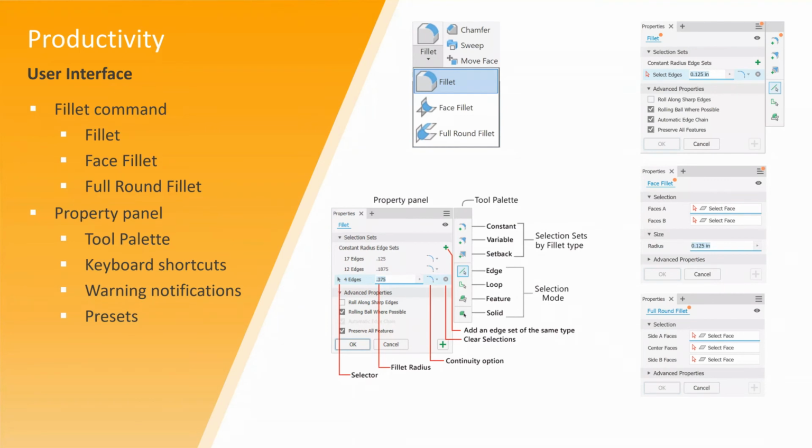The fillet command itself has been split into 3 options. So we did have those little buttons on the left of the original dialog, but now they're on the right hand side for constant, variable and setback type options. So yeah, quite a number of items there. Now, just a point here with regard to legacy fillets.